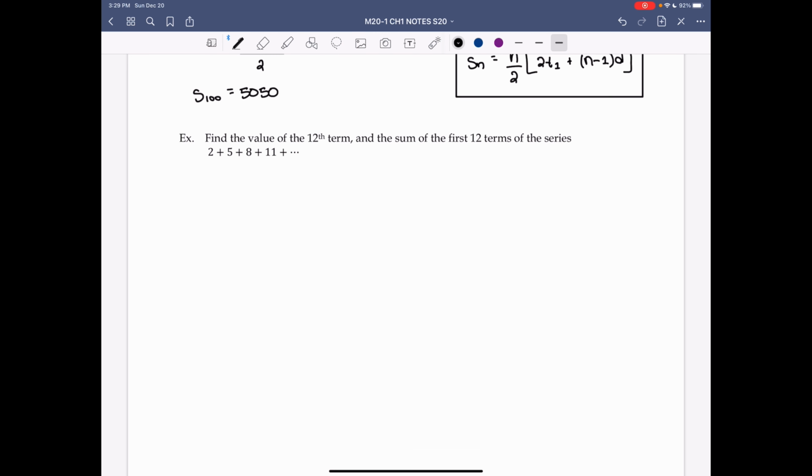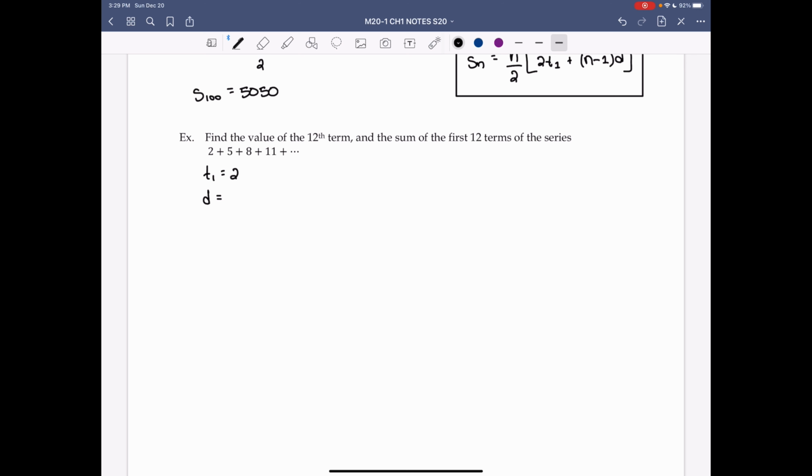Find the value of the 12th term and the sum of the first 12 terms of the series 2 plus 5 plus 8 plus 11 plus ... What do we know? We know t1 is 2. We know d is 3. We're counting up by 3s.